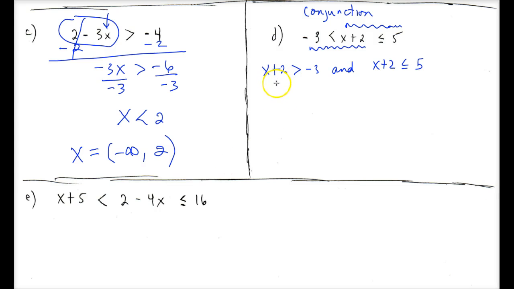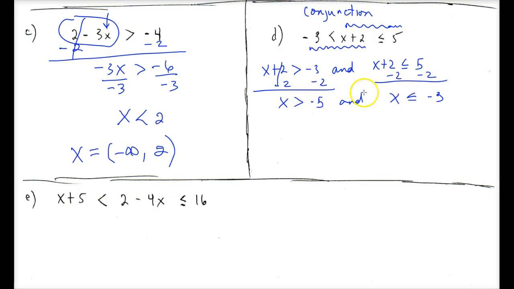So here to get x by itself, we just subtract both sides by 2, and we have x is greater than -5, and here we subtract both sides by 2, and we have x is less than or equal to 3.